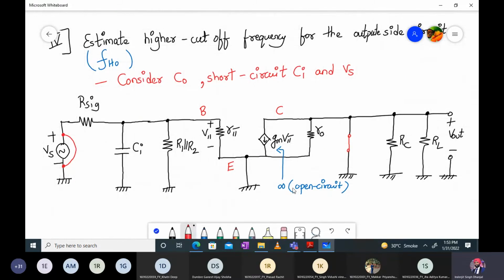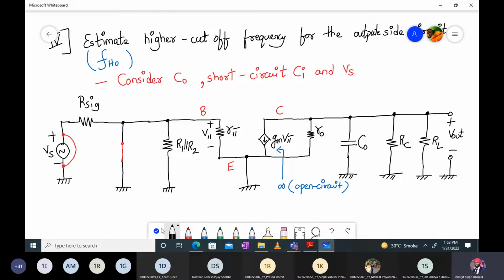So I will put back the value of CO and I have to short circuit CI. So CI part is short circuited now. It's taking slightly time, so please bear. This is grounded now, short circuited. And CO will be present in the circuit.